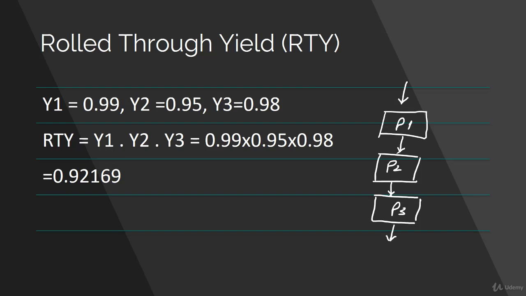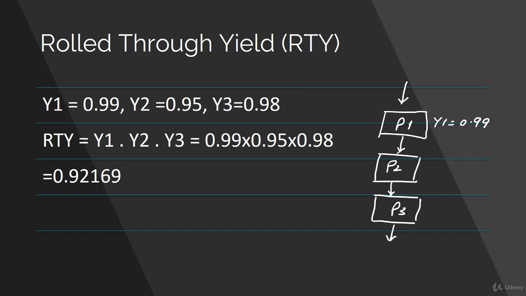We calculated yield earlier. Yield was the number of good units produced by this particular process divided by the total number of units which went into this process. So in this case, let's say we have three processes and each of these has a particular yield. The yield of P1, which is Y1, is equal to 0.99 in this simple example.